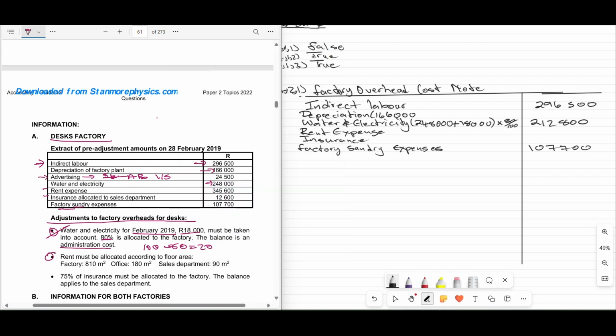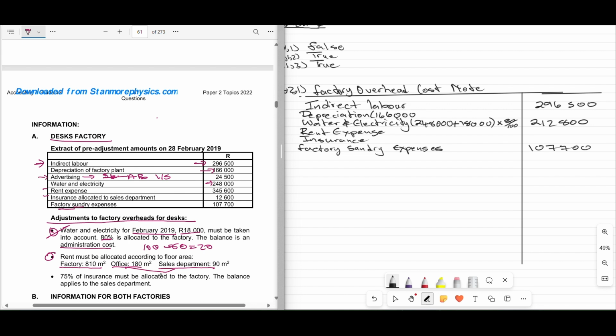We go to rent. They are saying that rent must be allocated according to the floor. So for factory, we must give 810 square meters, office 180, sales 90. These two, office and sales, are for the income statement.